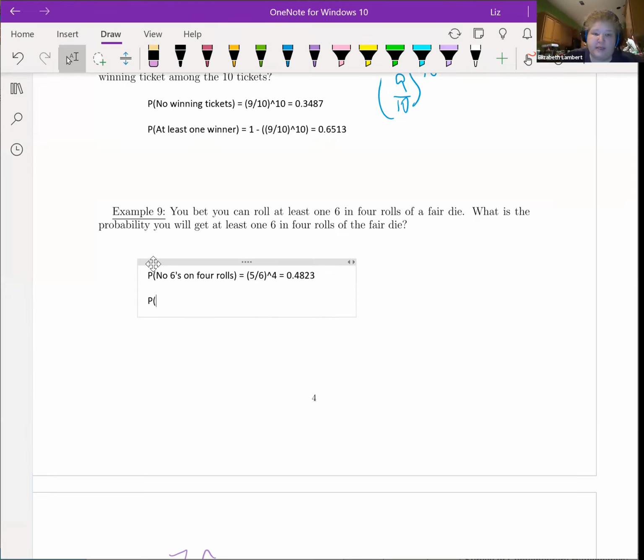So our probability of at least 1 six on 4 rolls is 1 minus (5/6) to the fourth. Caret is shift 6 on the keyboard if you're curious. So there we go.